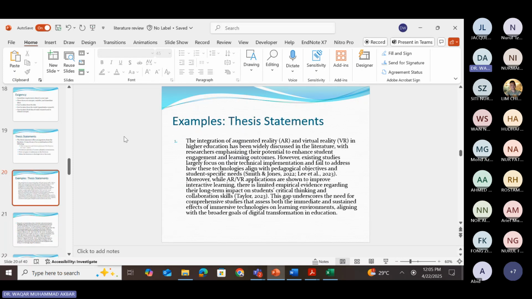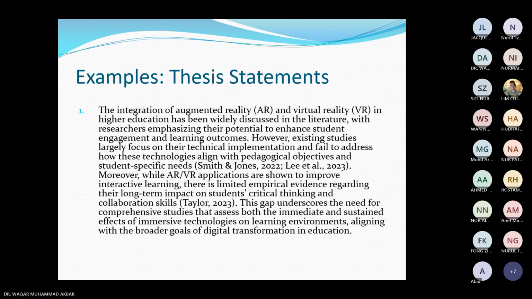Okay, then you have this example. We can see with this one. The integration of augmented reality and virtual reality in higher education has been widely discussed in the literature, with research emphasizing their potential to enhance student engagement and learning outcomes.